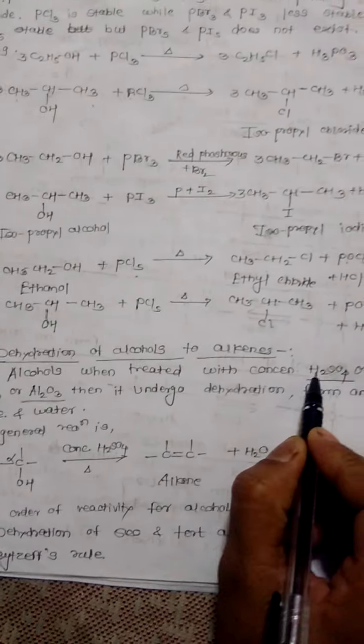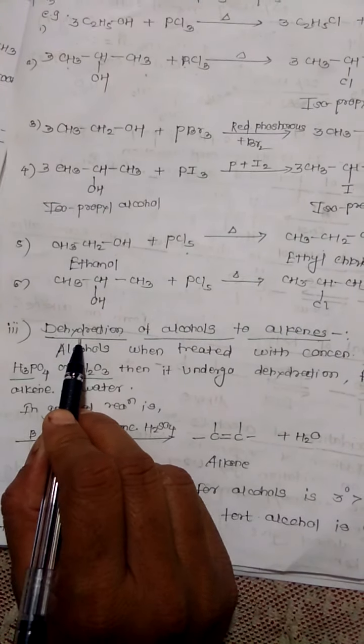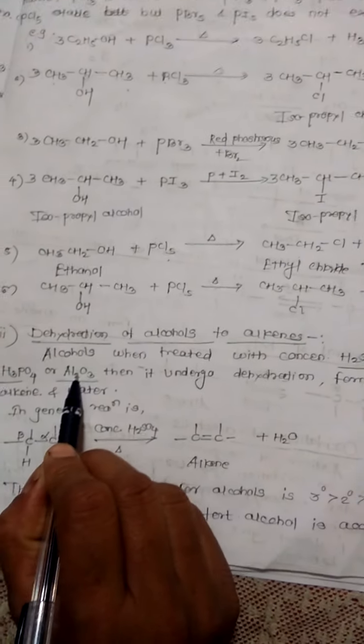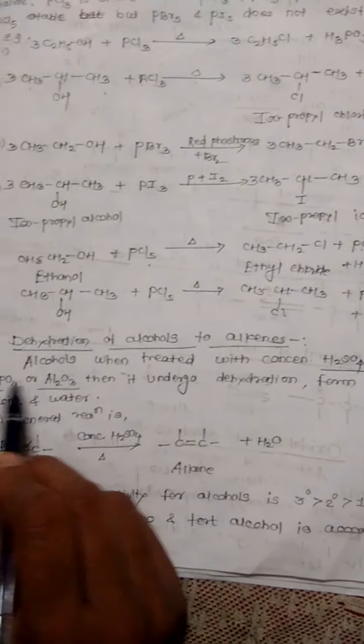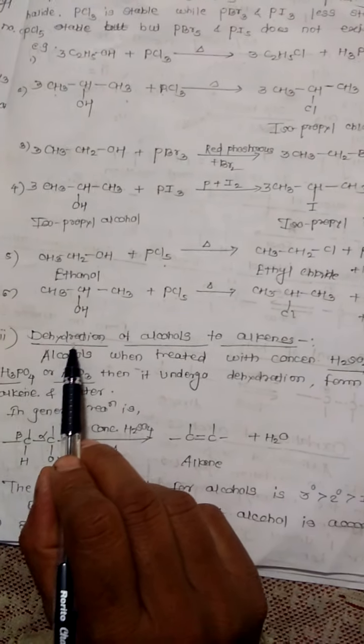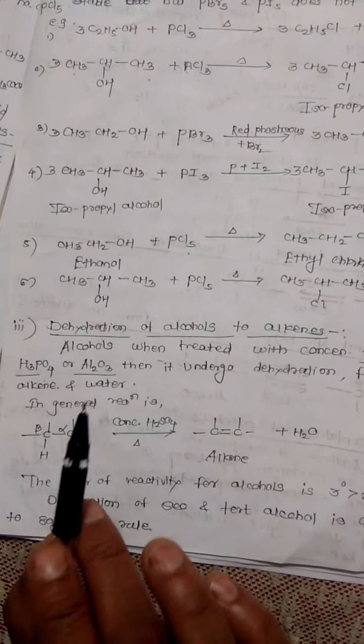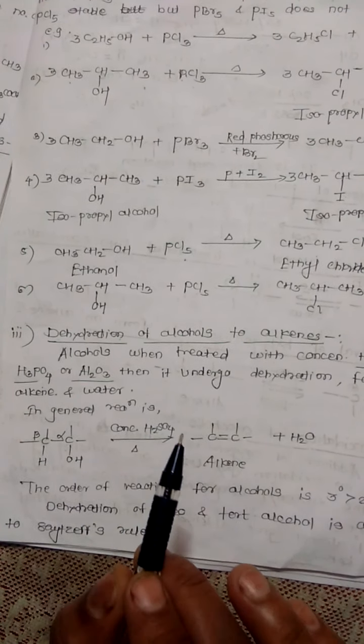The catalyst or reagent used to carry out dehydration is known as a dehydrating agent. So out of these three, any one dehydrating agent we use for the dehydration of alcohol. Dehydration means removal of water.